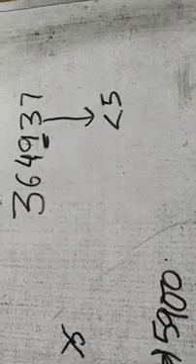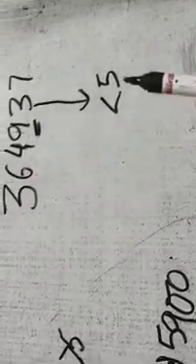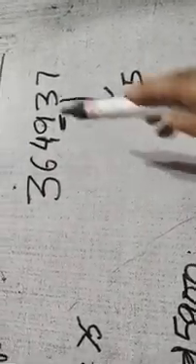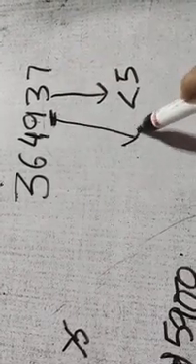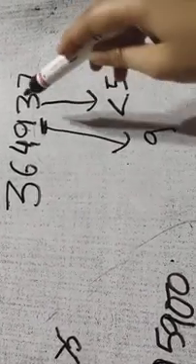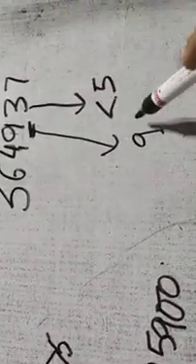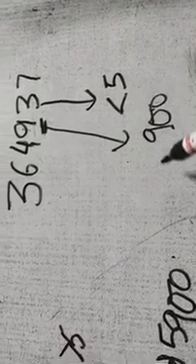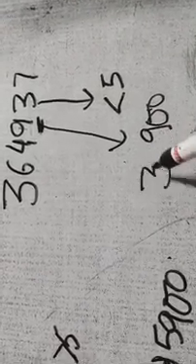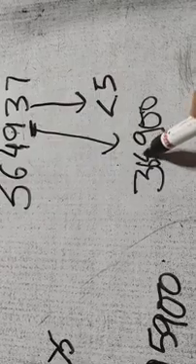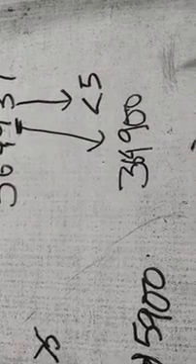So what we have to do, whenever this tens digit is less than 5 in rounding off to hundreds, this digit will remain same as it is, and tens and ones digit become 0. So this will be 364900. This is the new number.